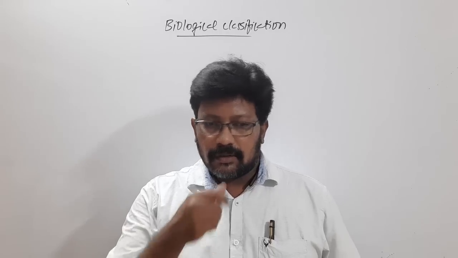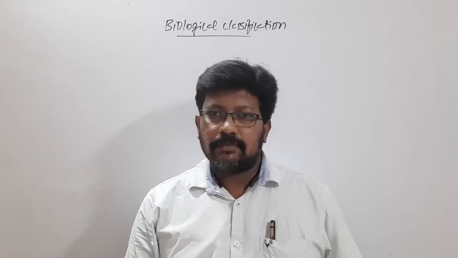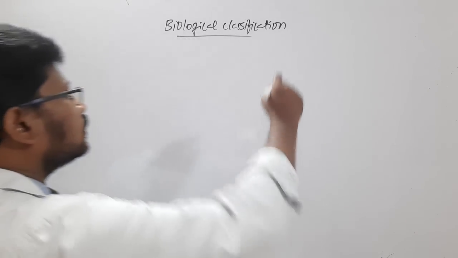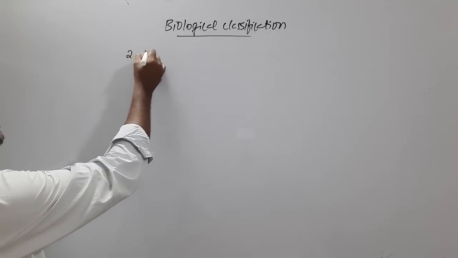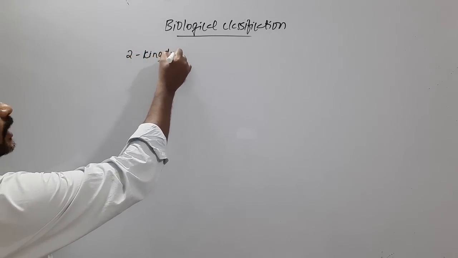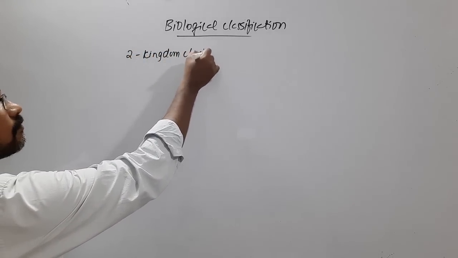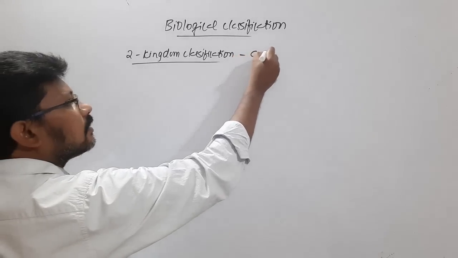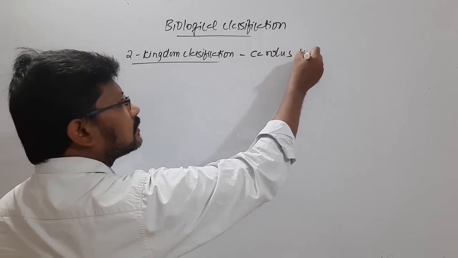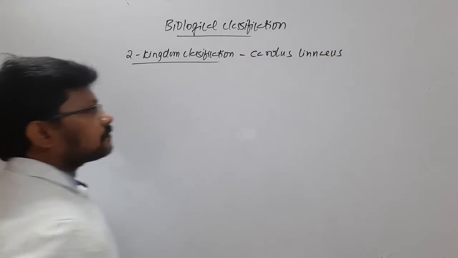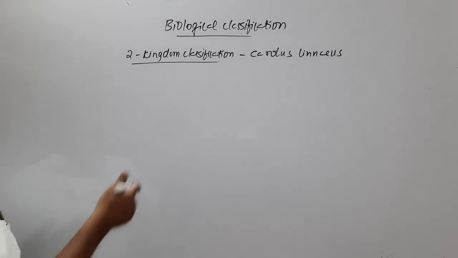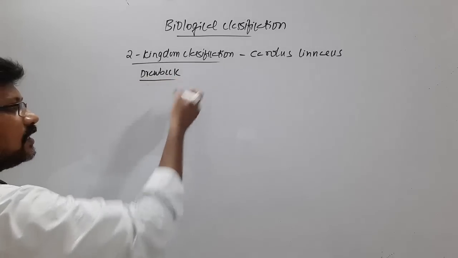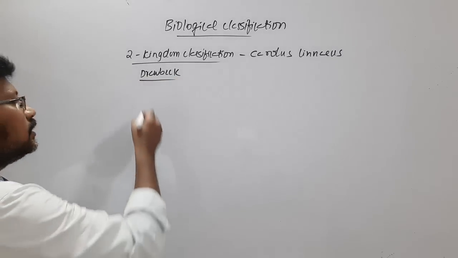Okay, so as I told you, there are some drawbacks to each of these classifications. In case of two kingdom classification, which was proposed by Carolus Linnaeus, right? So what is the drawback of this classification?